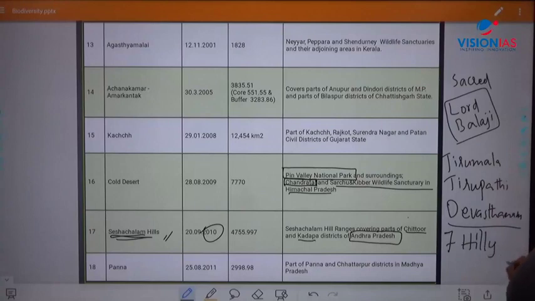A wonderful, pious and very sacred place is in the Seshachal Biosphere Reserve. This is the 18th one.